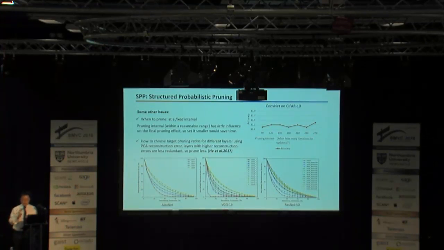If the reconstructed error is very high, it means that in this layer it is not suitable to prune too many weights. So we set the proportion of weights according to the PCA. All the data are in this paper. I can't remember exactly.